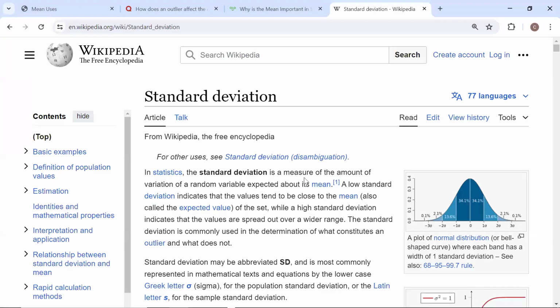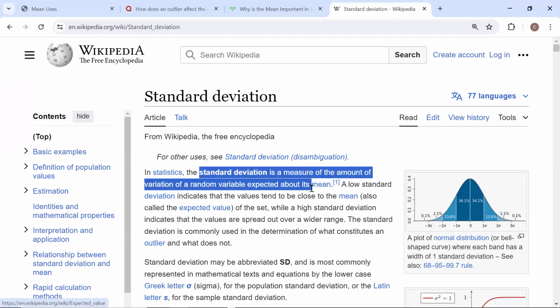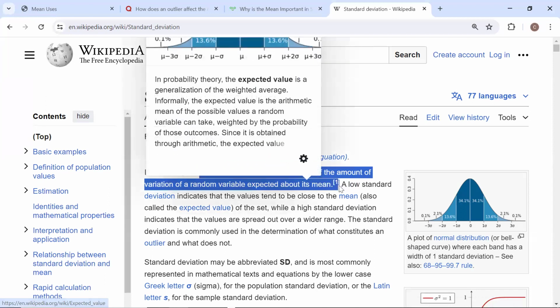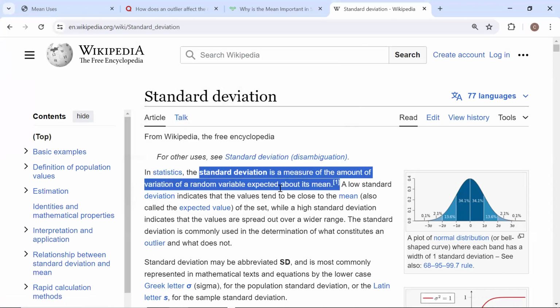So standard deviation. This is Wikipedia. In statistics, the standard deviation is the measure of the amount of variation of a random variable expected about its mean. Basically, the higher the standard deviation, the more variation in the data set.